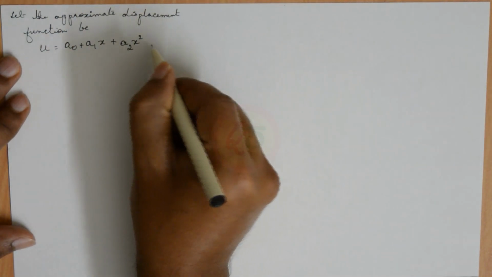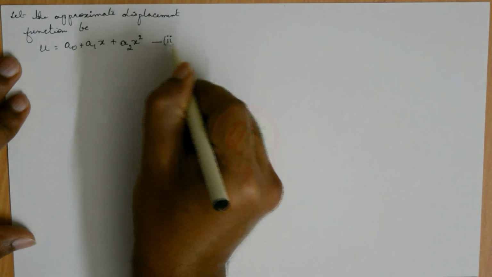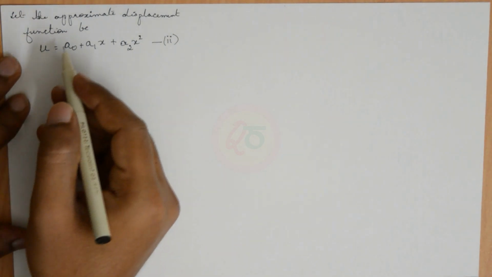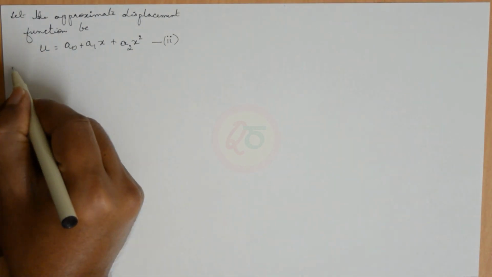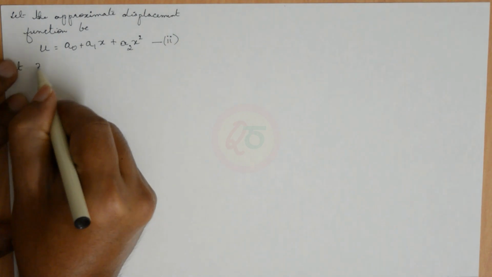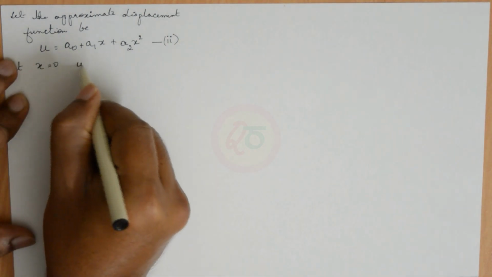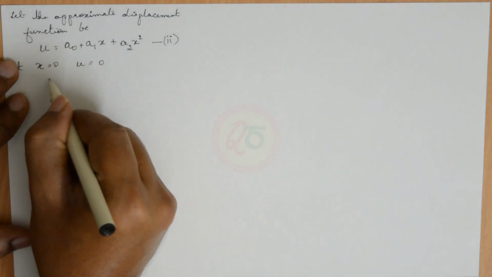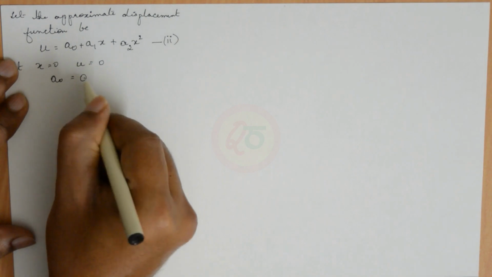So I'll call this equation 2, and the boundary conditions are at x equals 0, u is equal to 0. So substituting this into equation 2, we obtain a0 as 0.